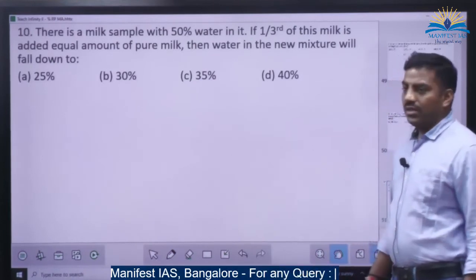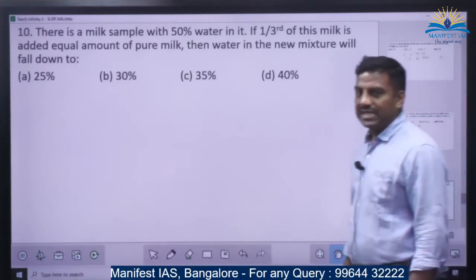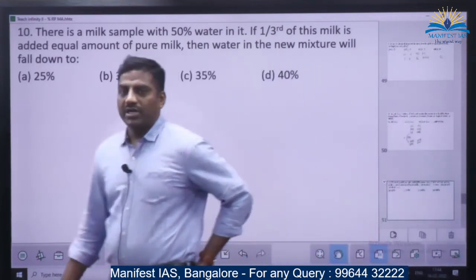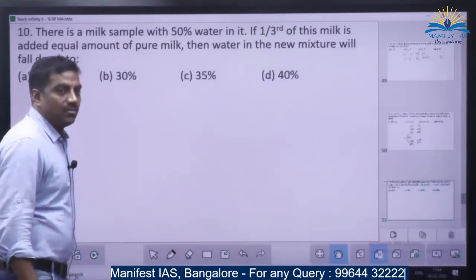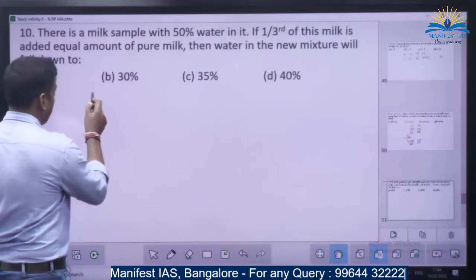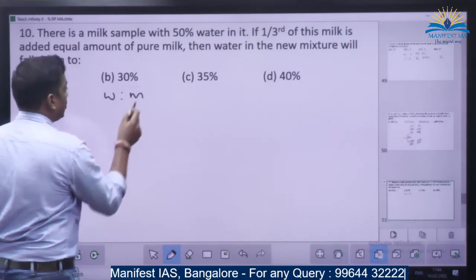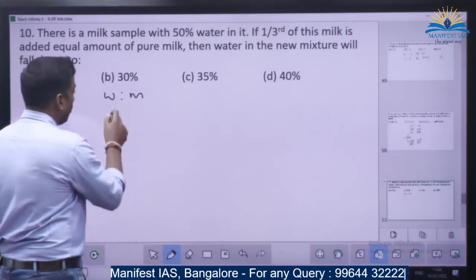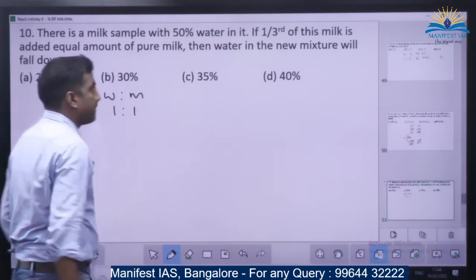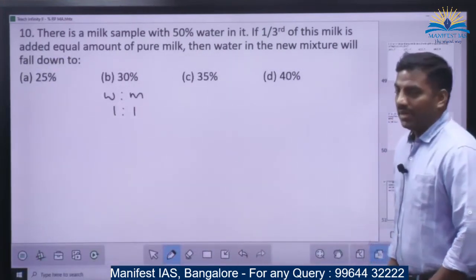There is a milk sample with 50% water in it. Milk sample, 50% water in it. What does that mean? W is to M is equal to 1 is to 1 in one sample.